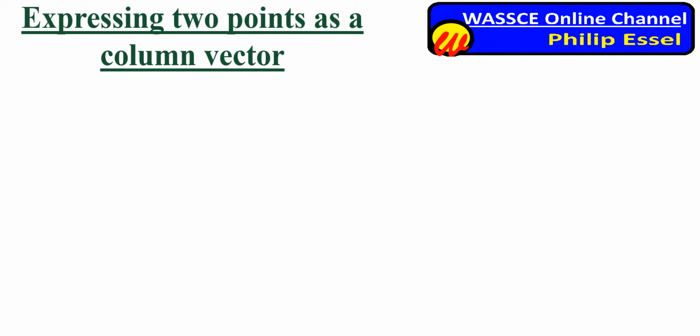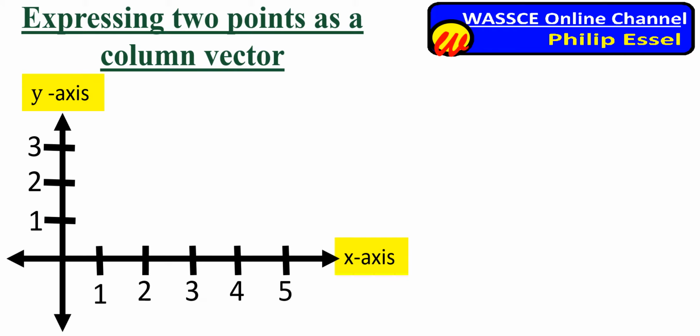Expressing 2 points as a column vector. Now let's first draw the XY plane or the Cartesian plane. Let's show the origin of this plane. Now let's plot the point G with coordinate 3, 3 on this plane.